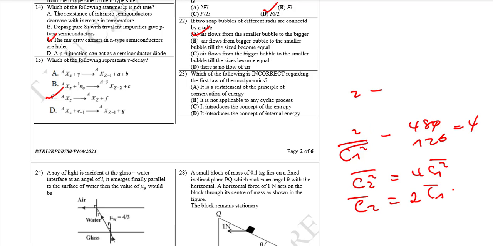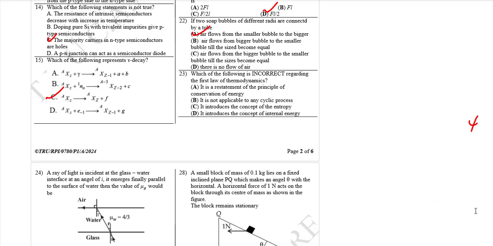Question number 23. Which of the following is incorrect regarding the first law of thermodynamics? A, it is a statement of the principle of conservation of energy. It is a restatement of the principle of the conservation of energy. That's a correct statement. B, it is not applicable to any cyclic process.